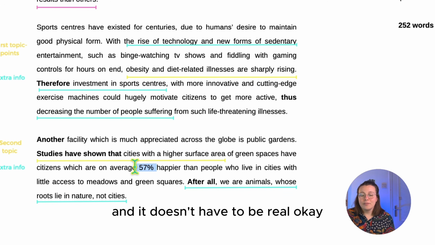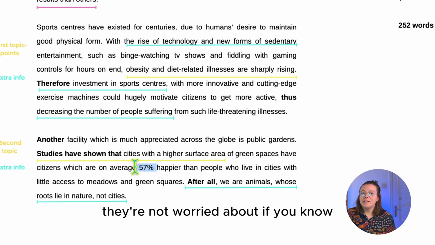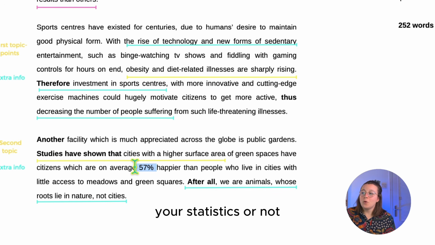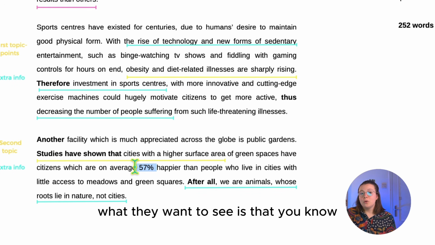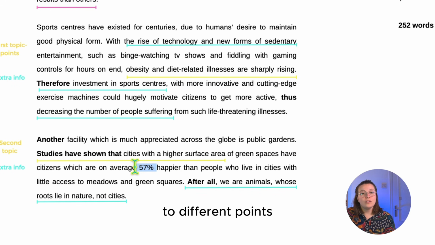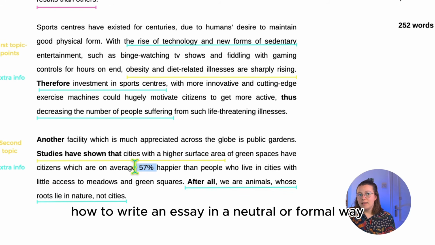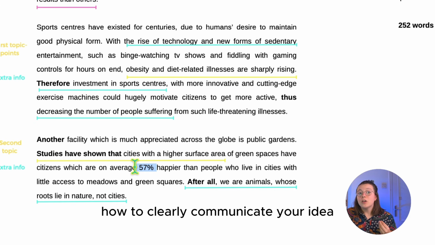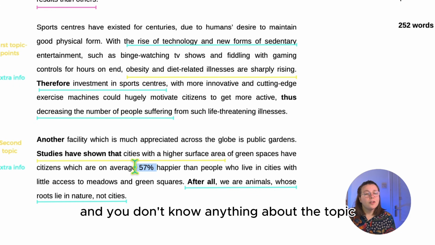And it doesn't have to be real, okay? They're not worried about if you know your statistics or not. What they want to see is that you know how to compare and contrast two different points, how to write an essay in a neutral or formal way, and in the end, how to clearly communicate your idea. So if you want to include a fact and you don't know anything about the topic, make it up.